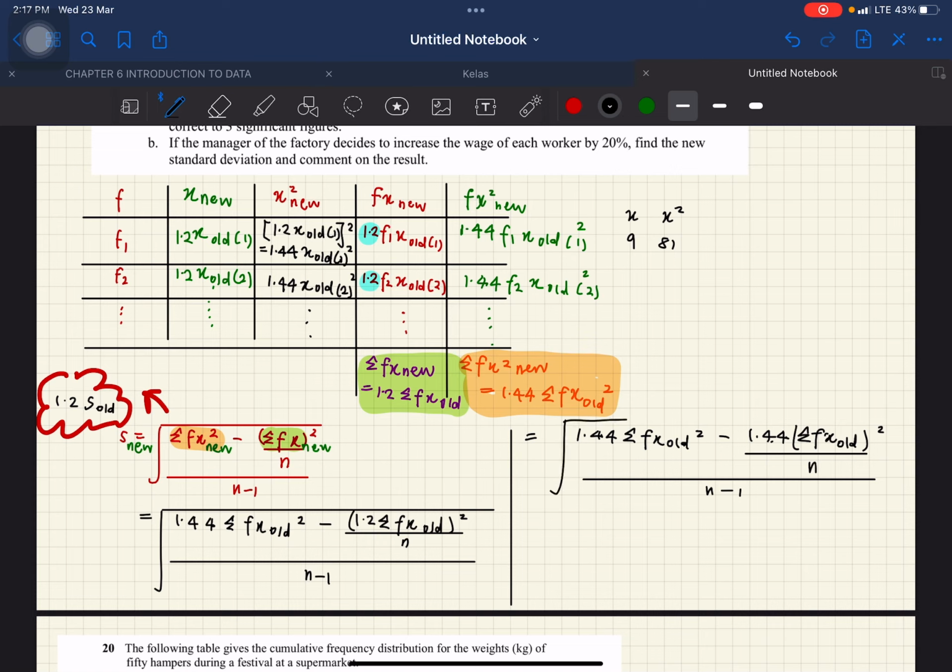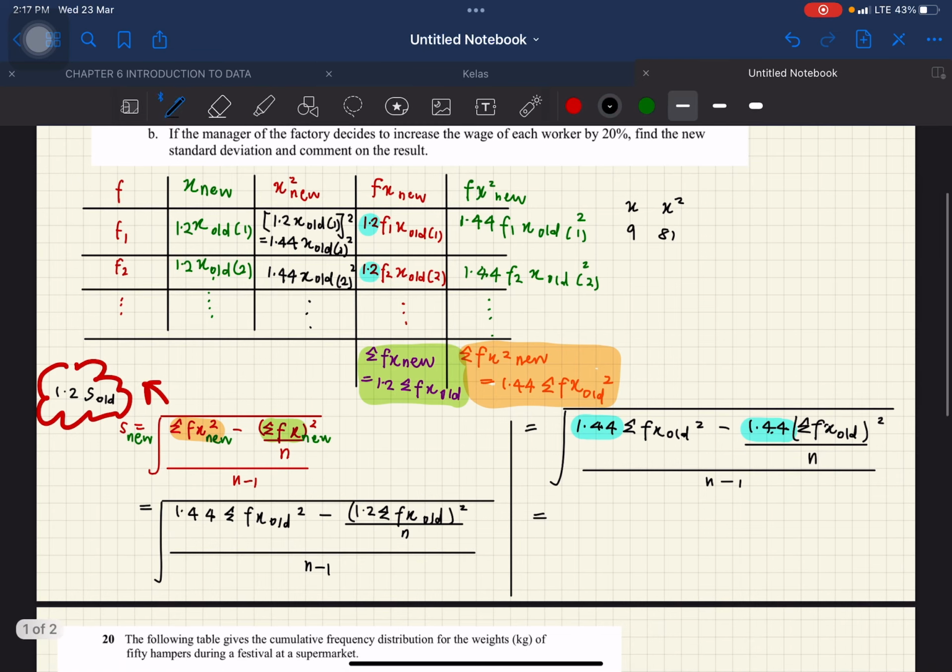Don't forget the square root sign. Settle. Okay, sikit lagi. Right, so if you notice this one, I'm just gonna let this as a homework for you. Okay, awak proofkan sendiri. Okay, so kita ada 1.44 and 1.44 over here. So what can you do here is you can factor out this 1.44.